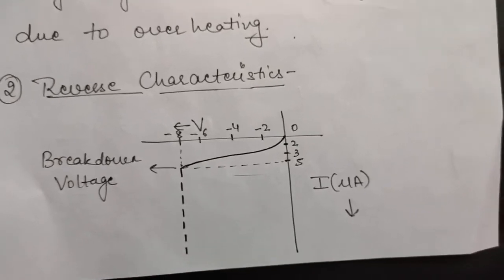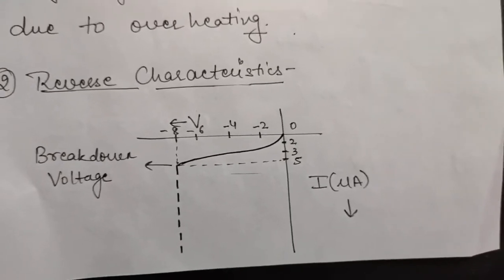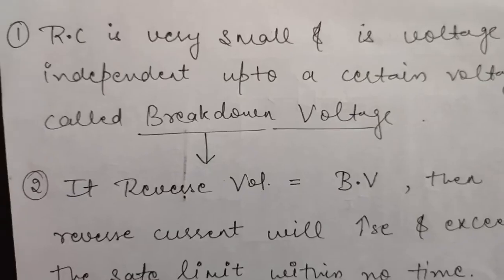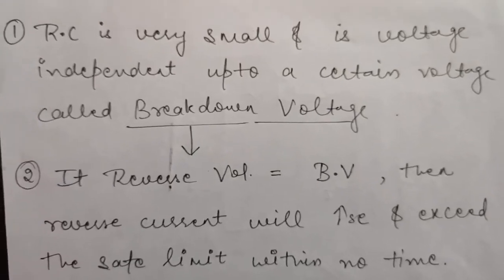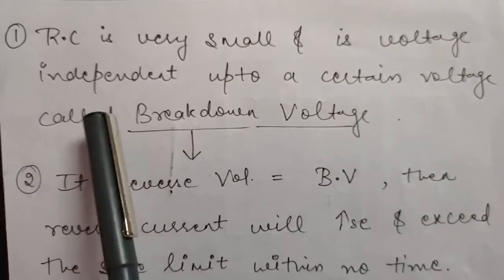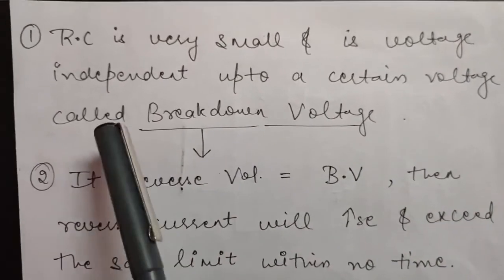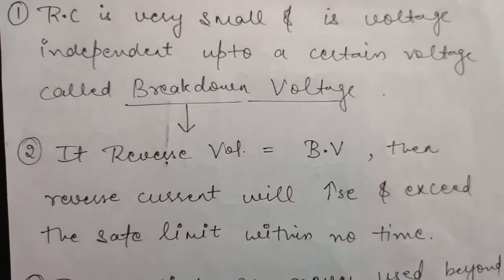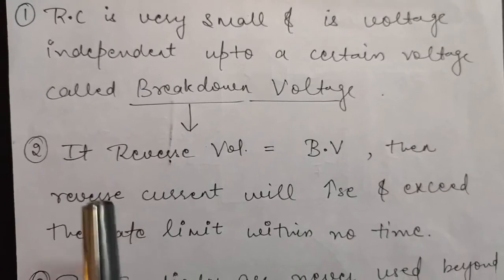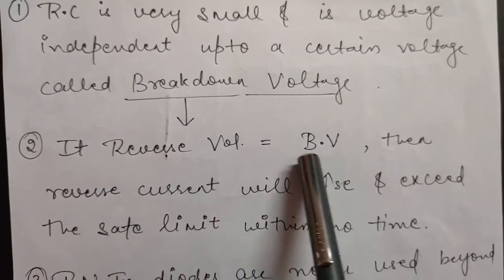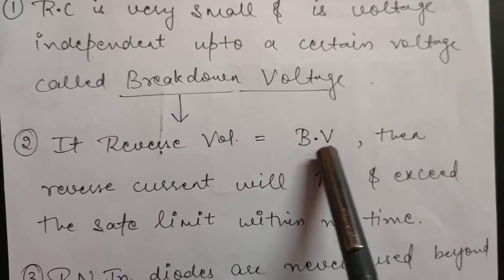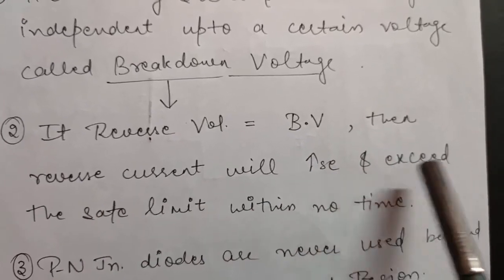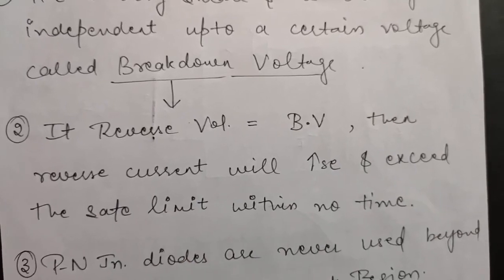Now let us talk about various points of these reverse characteristics and define breakdown voltage. The first point is that reverse current is very small and voltage independent up to a certain voltage called the breakdown voltage. This I have explained. Now, what is breakdown voltage? When reverse voltage is equal to breakdown voltage, your reverse current will increase and exceed the safe limit within no time.